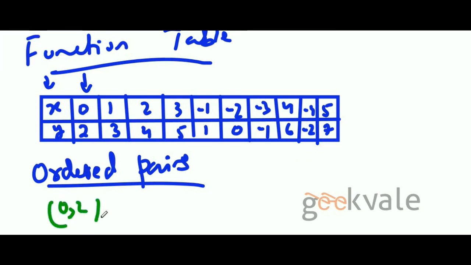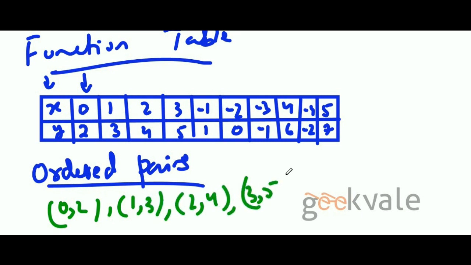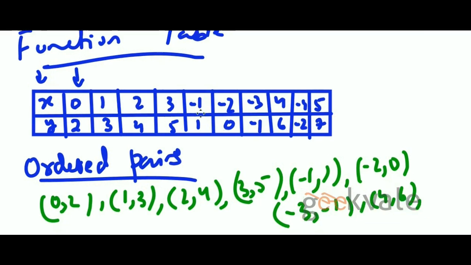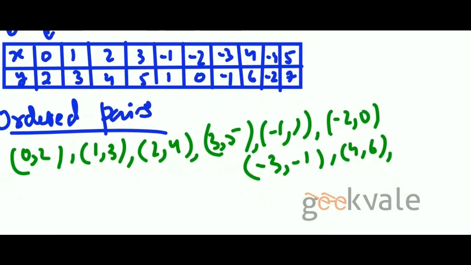That was just for your understanding. It's (0, 2), (1, 3), (2, 4), (3, 5), (minus 1, 1), (minus 2, 0), (minus 3, minus 1), (4, 6), (minus 4, minus 2), and (5, 7).